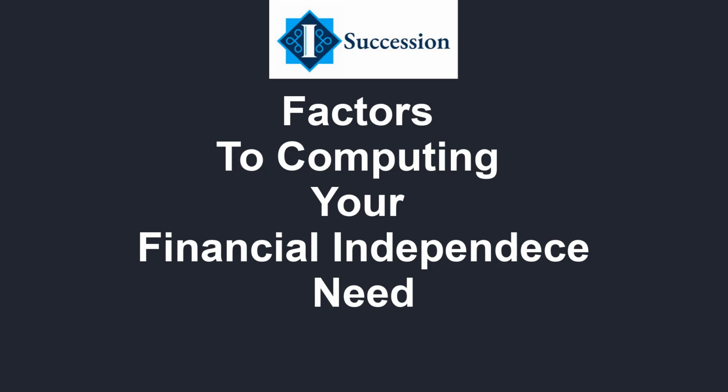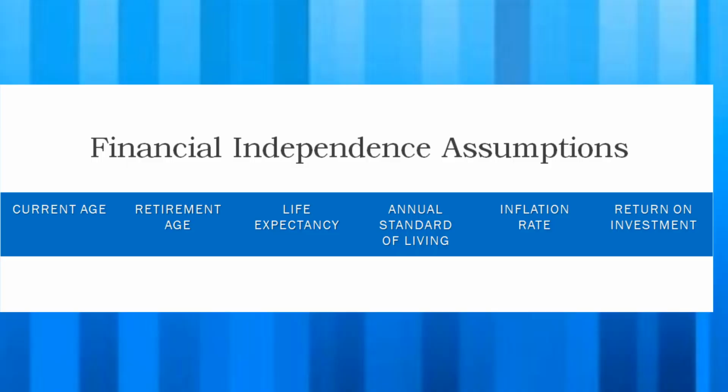The estimate revolves around the assumptions you want to make. Everyone gets to make their own assumptions. The assumptions are current age, retirement age, expected lifetime, standard of living, the expected average inflation rate, and the expected return on your investments. So let me create a hypothetical example.